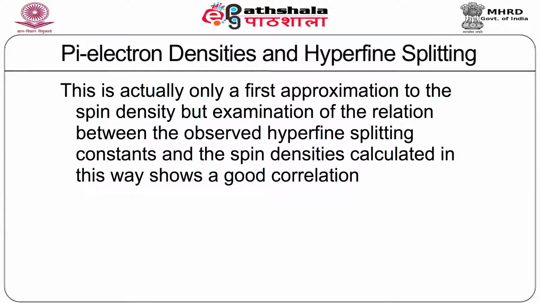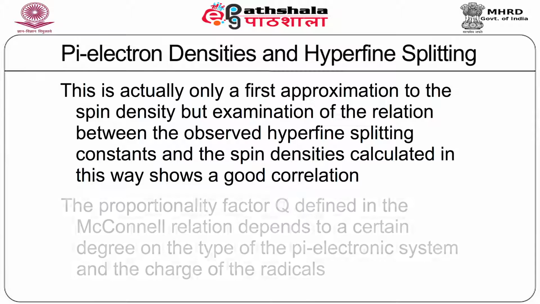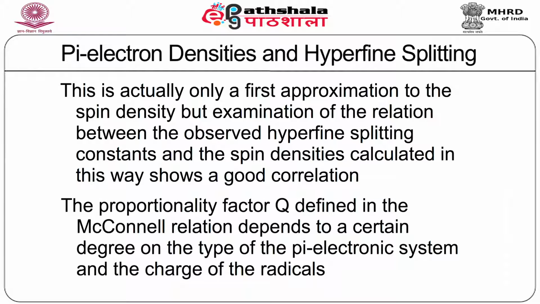This is actually only a first approximation to the spin density, but examination of the relation between the observed hyperfine splitting constants and the spin densities calculated in this way shows a very good correlation. The proportionality factor Q defined in the McConnell relation depends to a certain degree on the type of the pi electronic system we are investigating and the charge of the radicals.